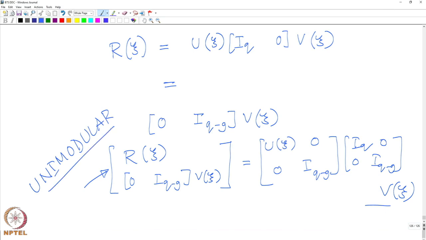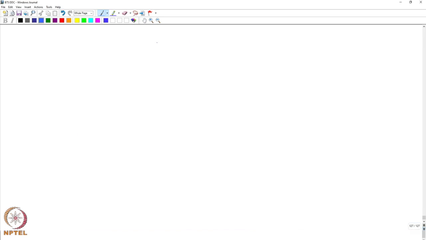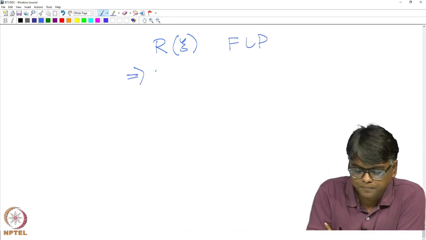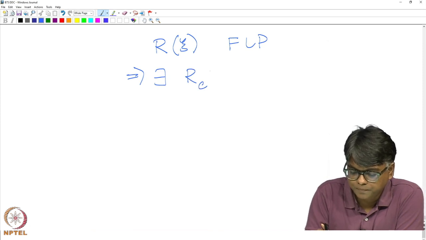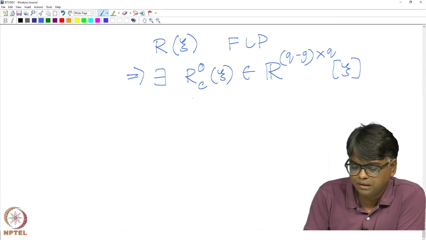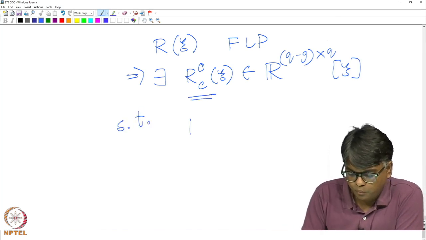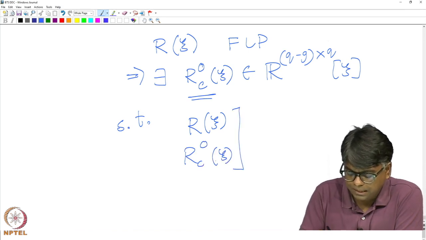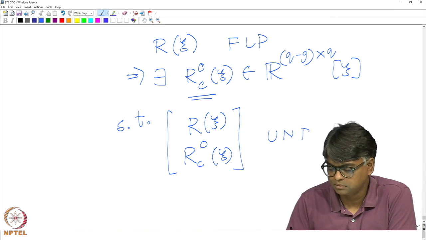Great, no? Because it is a unimodular matrix, what I have done essentially is that given an R xi which is factor left prime, this implies there exists an RC 0 xi of size q minus g times q, such that when I put them together as a controller, I get this matrix as a unimodular matrix.